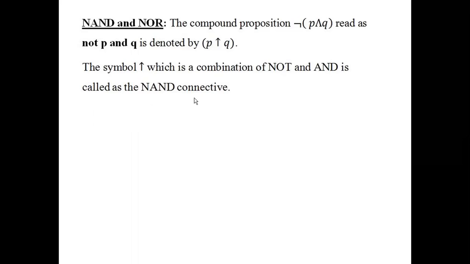So now we are discussing two connectives. One is NAND, the other one is NOR. NAND is a combination of not and, which is denoted by the up arrow.